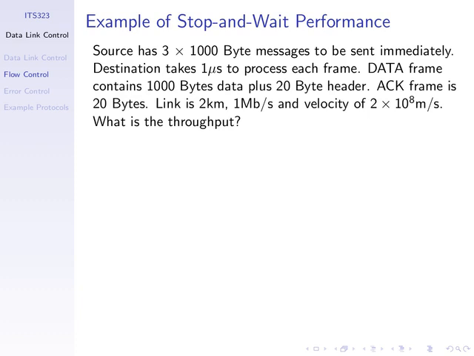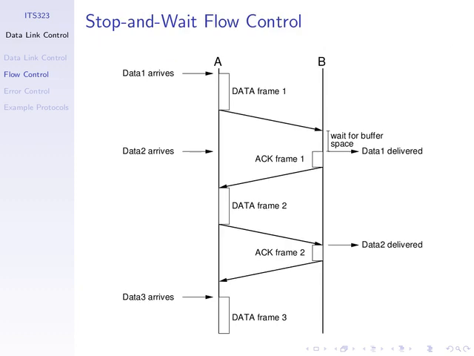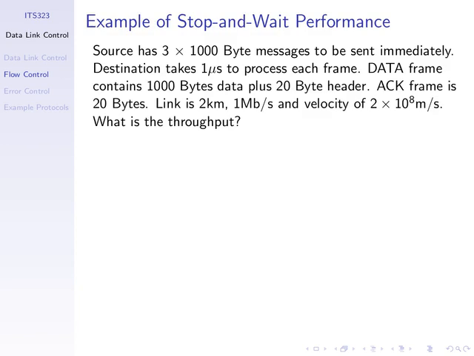What is the throughput? All right, the first step that you need to do now is to try and draw a diagram like the previous slide that illustrates what happens with a stop and wait protocol in this case. So draw a diagram similar to this, which fits this scenario.